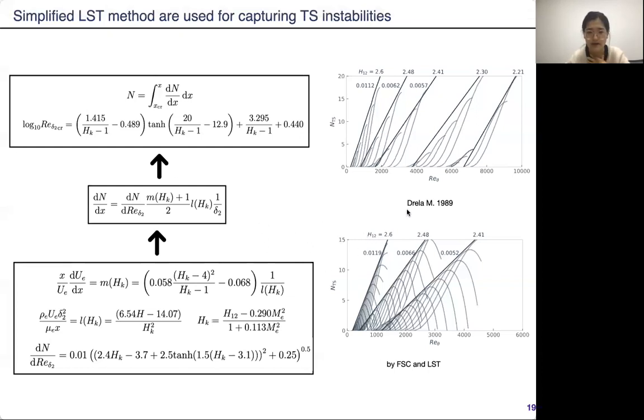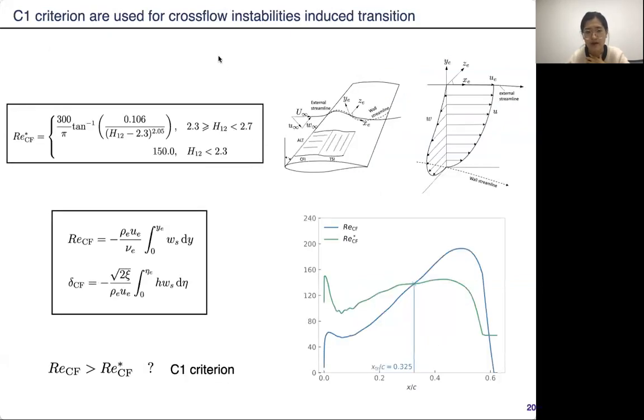It is developed by Drela, and it can capture the Tollmien-Schlichting instabilities. And for the crossflow instabilities, we can use the C1 criterion. The simplified method and the C1 criterion are just algebraic operations.